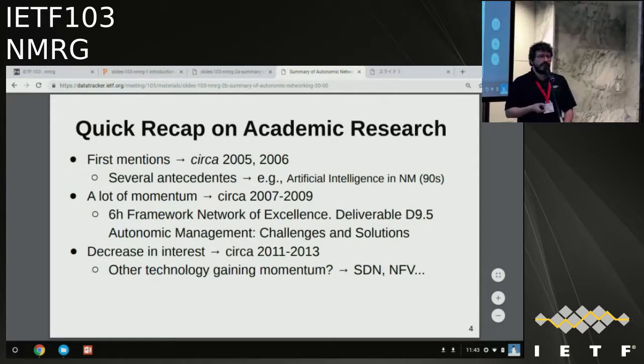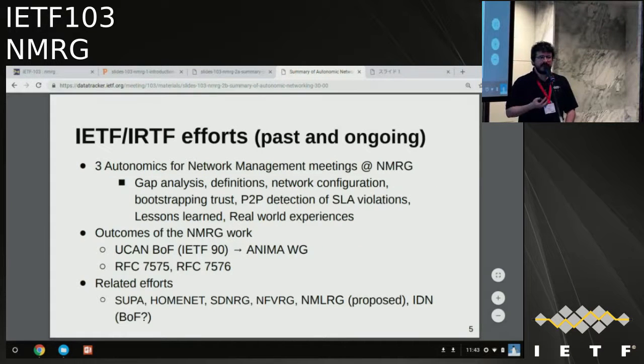In the context of IETF and IRTF, there are several efforts. For example, there were three autonomic network management workshops at NMRG meetings. In these workshops, there were drafts on gap analysis, definitions, network configuration, bootstrapping, detection of SLA violations, lessons learned, and other topics like that.